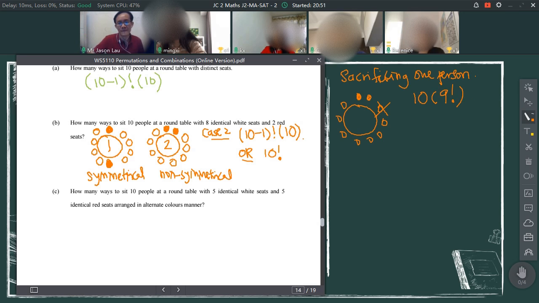What's the difference between just putting 10 factorial? It's the same. It's just that this method, sometimes when we face a tricky situation, we just test water. So we put some people in, and then test out whether anything will happen.